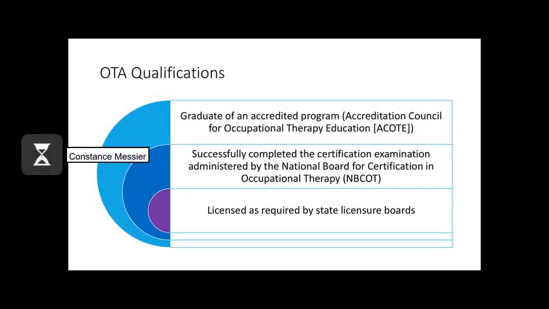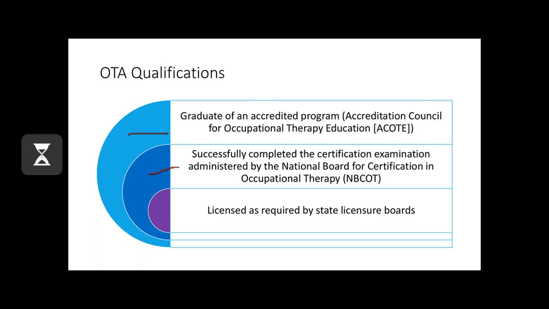Remember, there are specific qualifications for an OTA to practice, and they are provided through ACOTE, the Accreditation Council for Occupational Therapy Education. An OTA student must successfully complete the certification examination administered by the NBCOT. So first you're educated, then you pass the boards, yay!